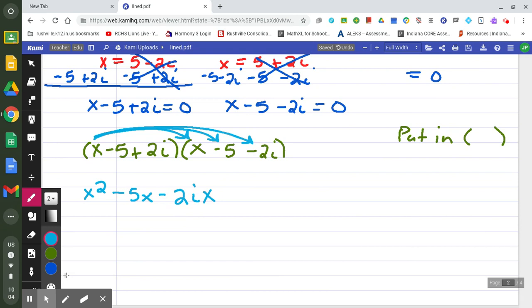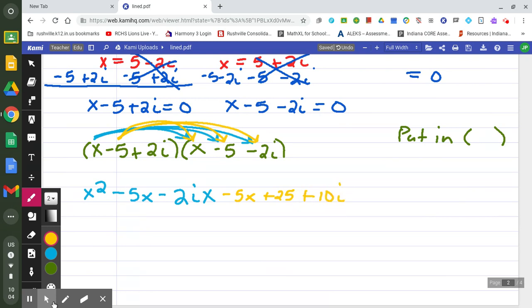And then I need to move on to my next term. So now, negative 5 times x is negative 5x. Negative 5 times negative 5 is plus 25. Negative 5 times negative 2i is positive 10i.